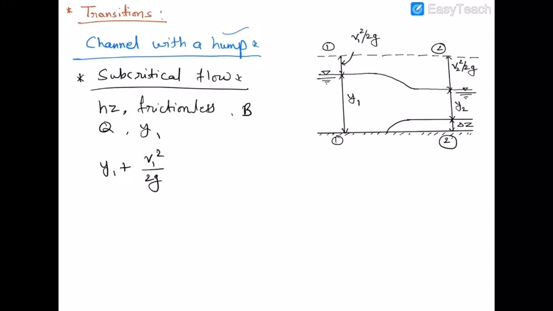This is the datum we are considering for finding the total energy, equal to the total energy at section 2: delta Z, that is the height of the hump, y2, the depth of flow, and kinetic energy v2 square upon 2g. Clear?